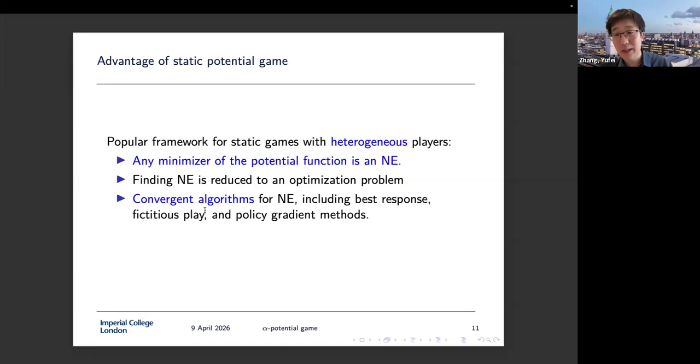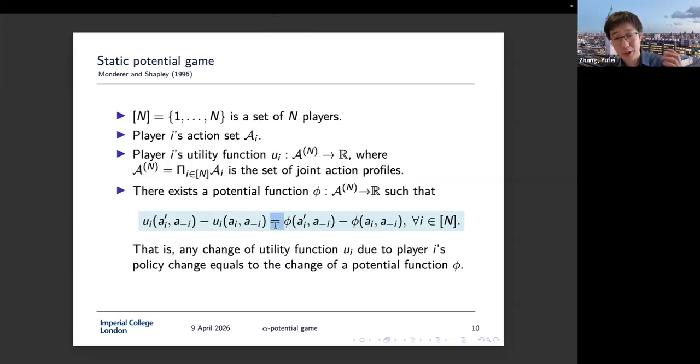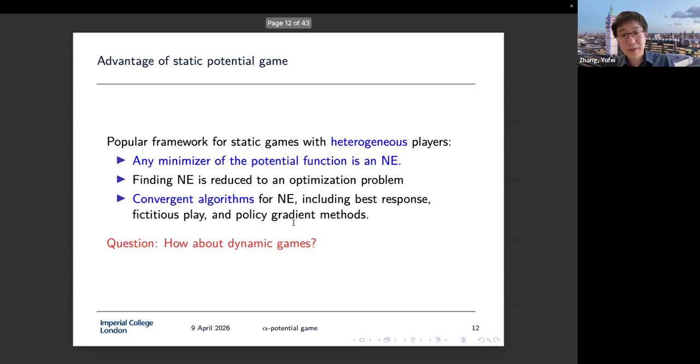It also includes the policy gradient algorithm in multi-agent reinforcement learning. The reason is that this potential function allows you to control the unilateral deviation of each player's strategy, and you can leverage the structure of this potential function in order to analyze the convergence of the algorithm.